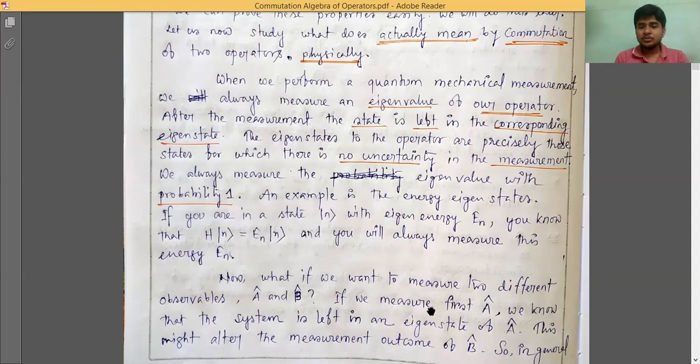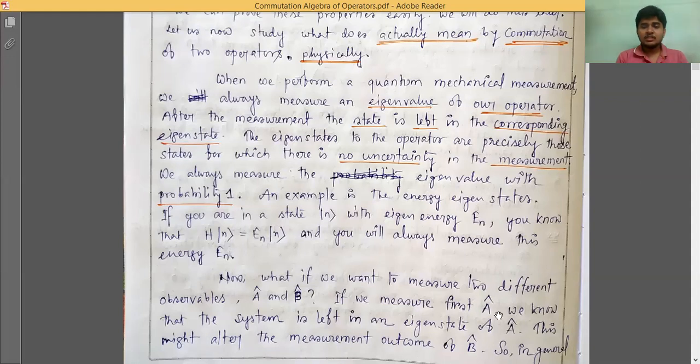Here also, if you measure A first, then the system is left in an eigenstate of A. That means, if the operator is A, put A in place of H: A acting on n equals some eigenvalue times the same nth state.